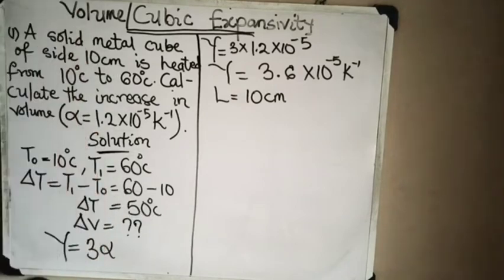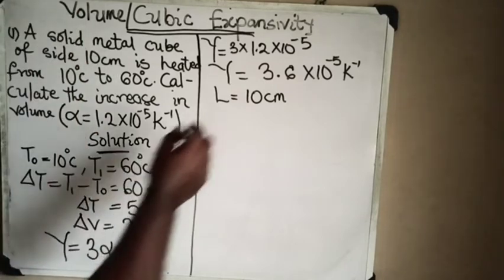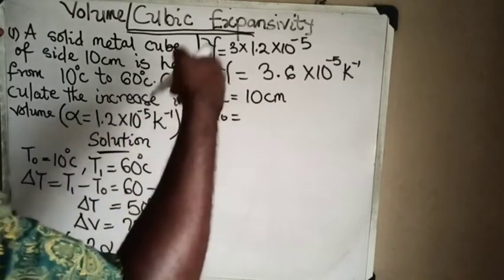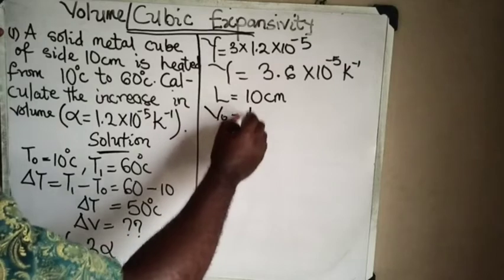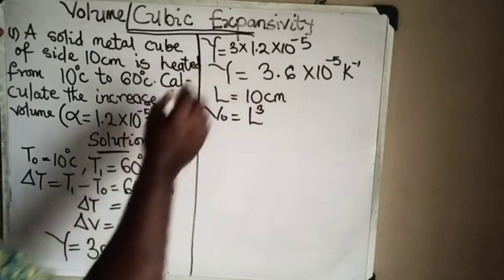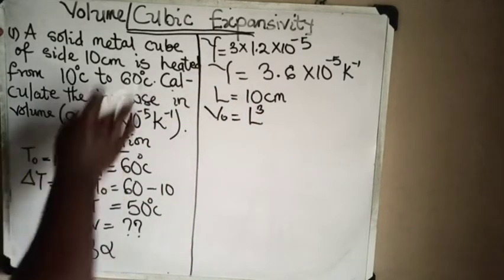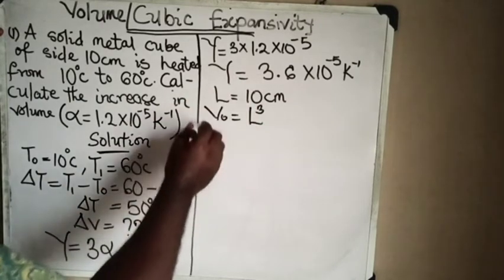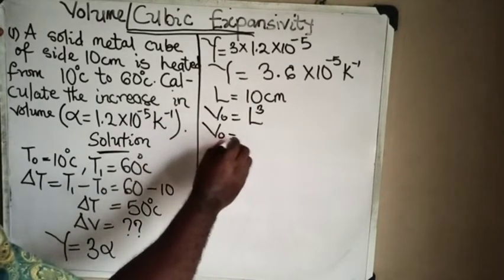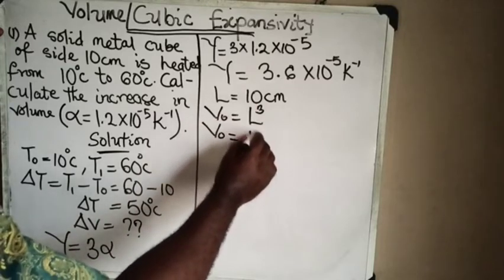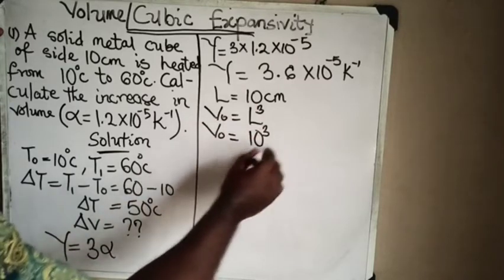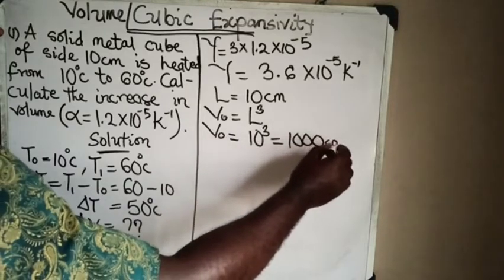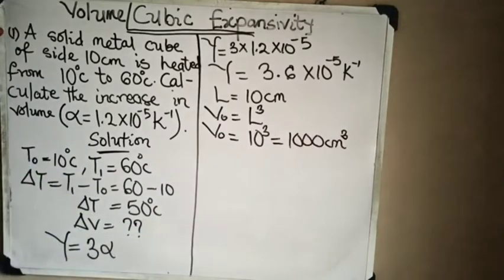By finding the volume of the cube. So the initial volume is equal to the volume of the cube, which is L cubed. The volume is equal to the length to the power of 3. So that will give us 10 to the power of 3, which is 1000 cm cubed. That's the initial volume of the cube.